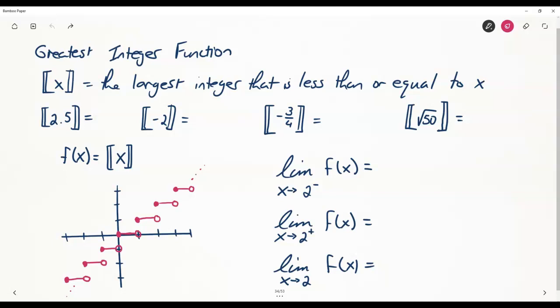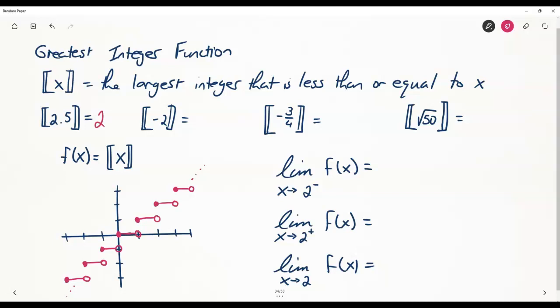So 2.5, we would normally round 2.5 up. But the greatest integer says, look at all numbers that are less than 2.5 and take the largest integer that exists there. So in this case, the greatest integer of 2.5 is 2.